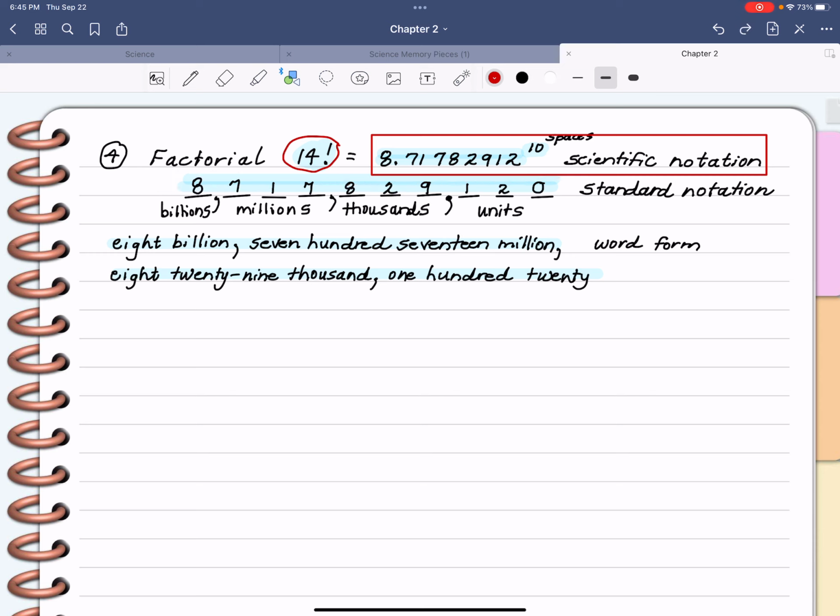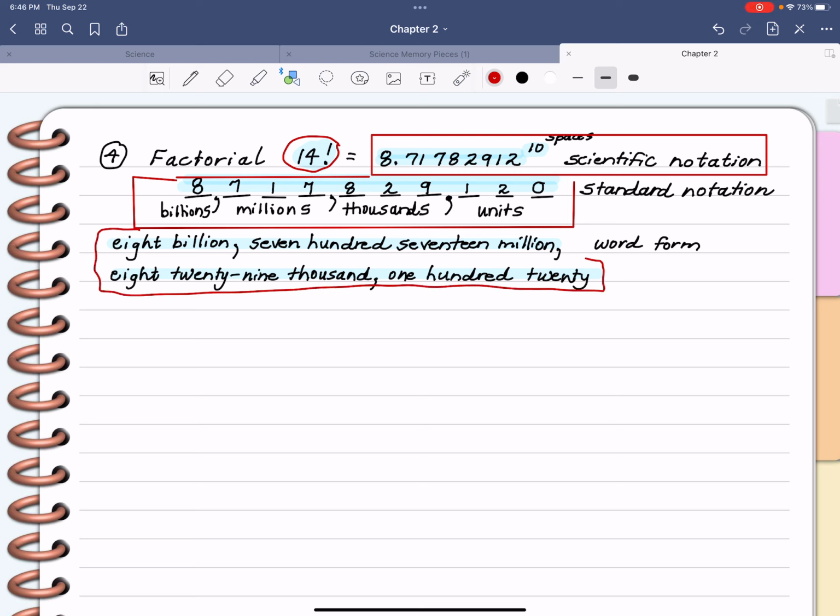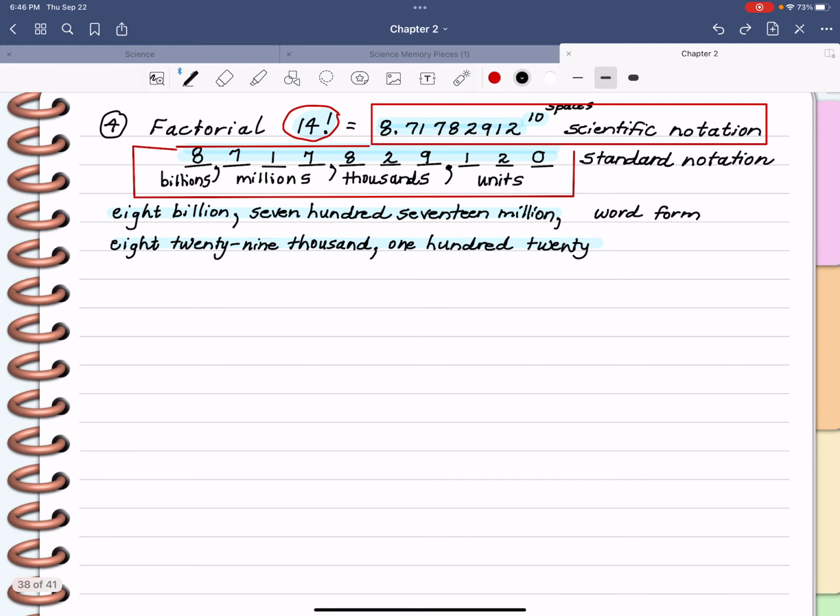Whoa, that didn't work, did it? Or you can write it in word form. All of those mean the same thing. And I have no idea what the answer key writes. We'll have to check it when we get there. Those are just some ways that I can think of to do it.